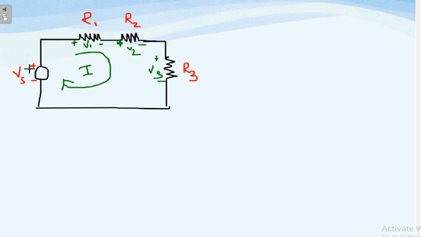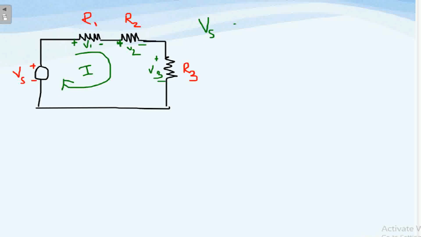So the current is moving from negative to positive, and let us consider this as Vs, positive Vs. Next, here the current is moving from positive to negative, that is decreasing. So this is called a drop. Here it is rising, and a rise is considered positive. The drop is considered negative.